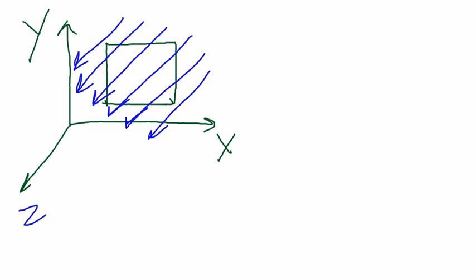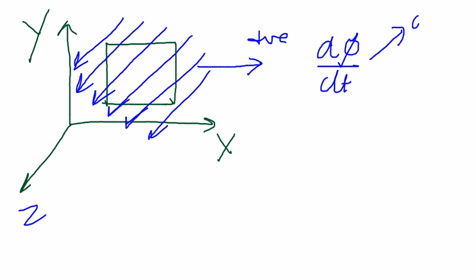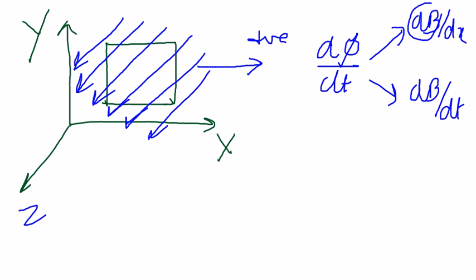As the loop moves in the positive x direction, d phi dt is due to both dB dx and dB dt: change of magnetic field in space and change of magnetic field with time.